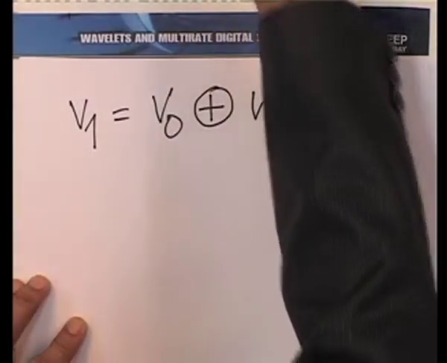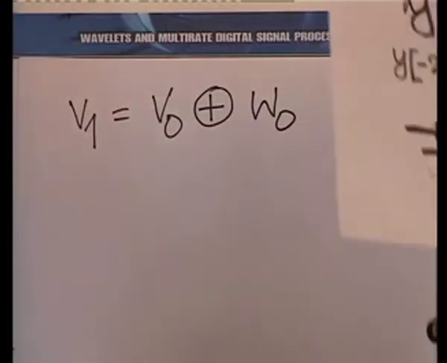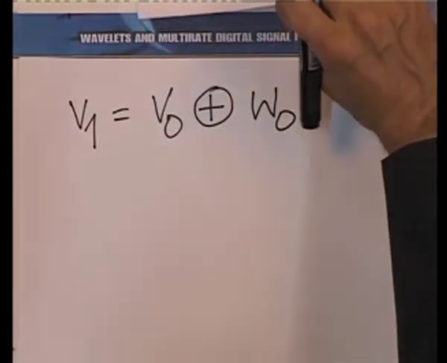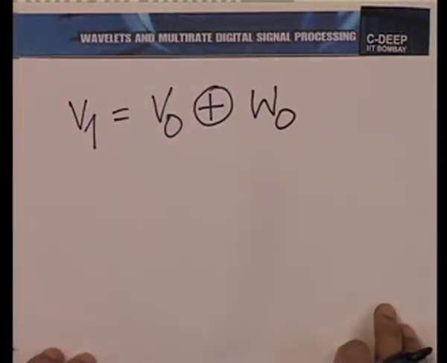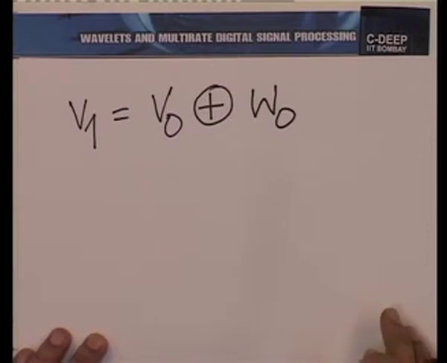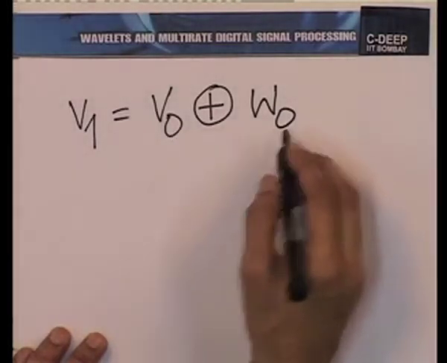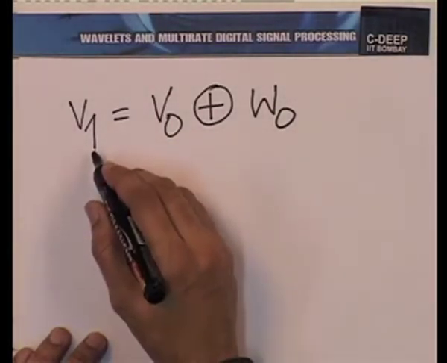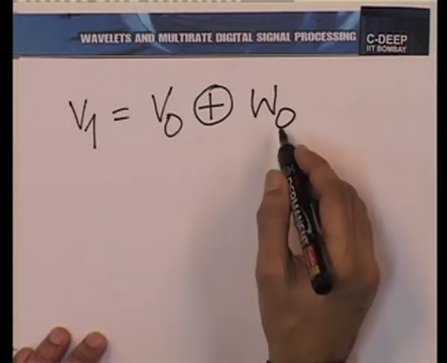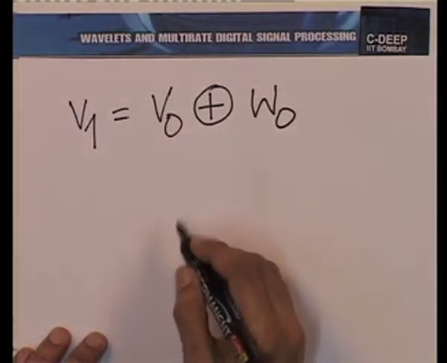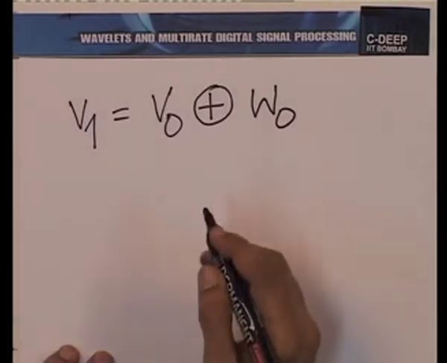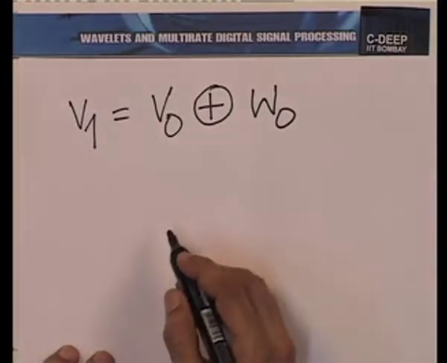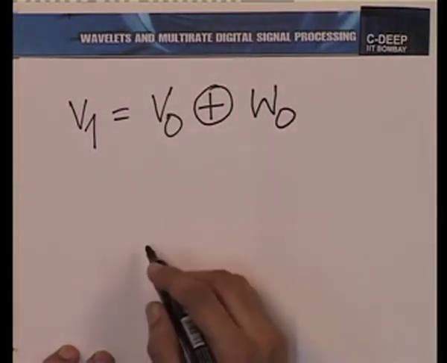So, for example, for this particular function that we have here, let us put down explicitly the projection on V0 and W0. You see, we now use the word projection. We have made an orthogonal decomposition of V1 into the spaces V0 and W0, and we have explained the meaning of V0 and W0 yesterday. We have also talked about their bases. We have also shown how to make this decomposition in each standard unit interval.